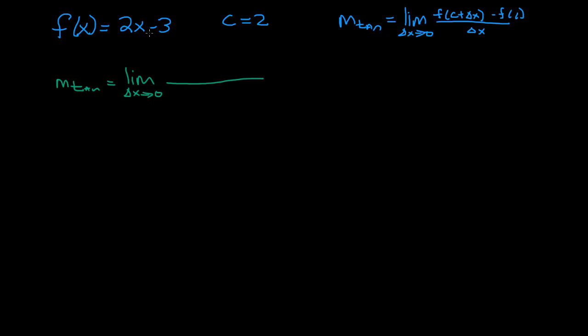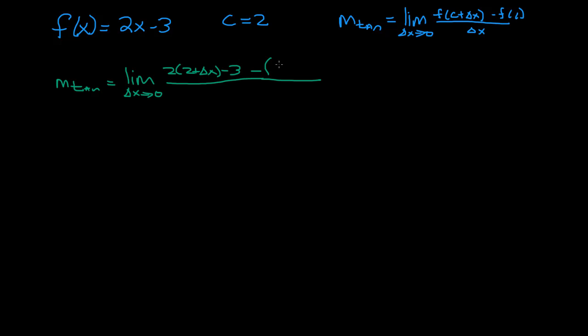So we take c plus delta x and plug it into our function, where c is 2. So that's 2 evaluated at 2 plus delta x. So notice here, that is f of x evaluated at c plus delta x. So 2 times (2 plus delta x) minus 3. But in the numerator of our difference quotient, we also have minus f of c.